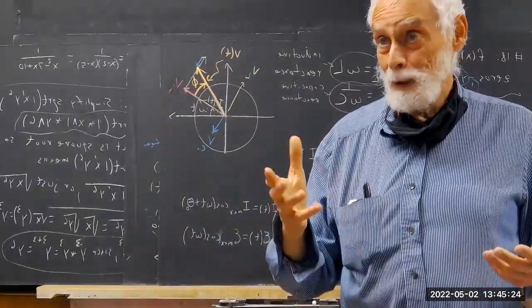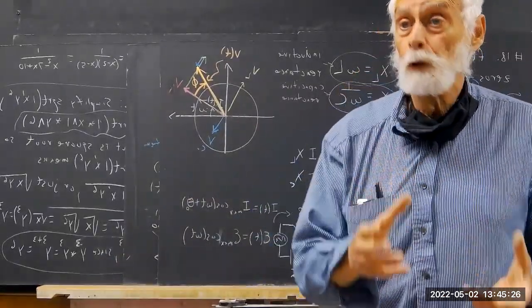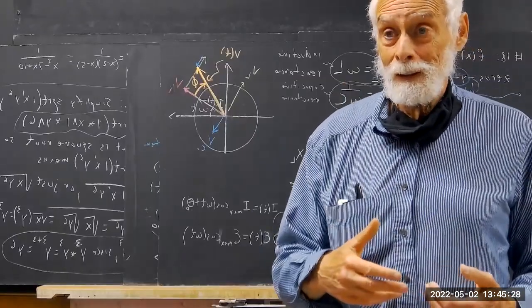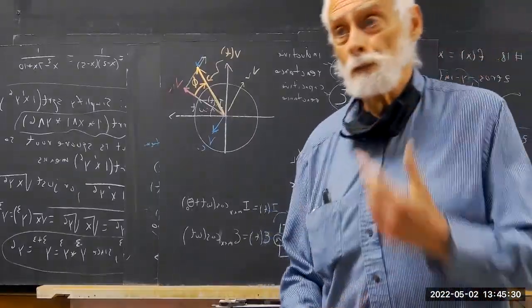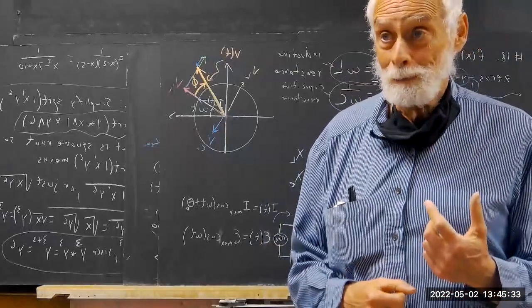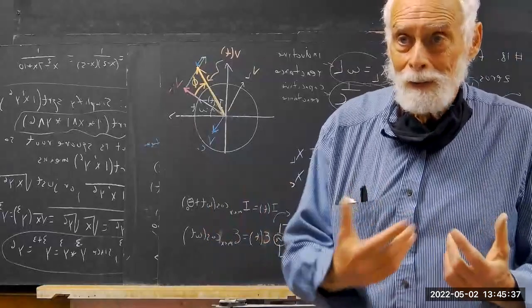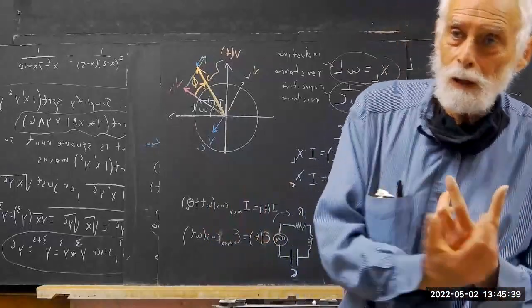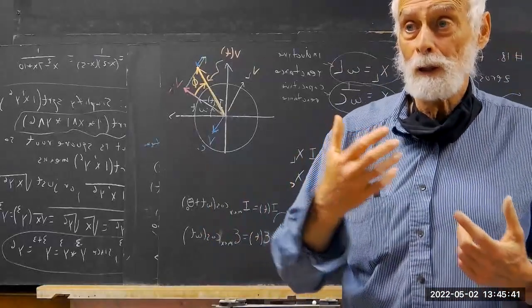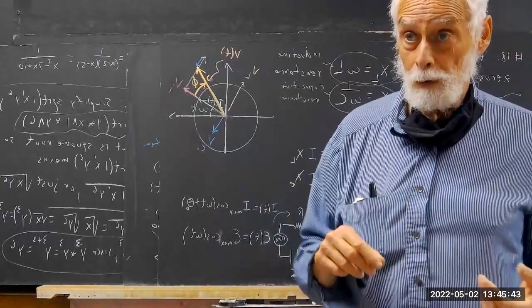Why is that? Because if the current through a coil decreases, it's going to produce a voltage that prevents it from decreasing, or that resists the decrease. Now it's going to decrease, but the bigger the inductance, the more reluctant it's going to seem to release the current.